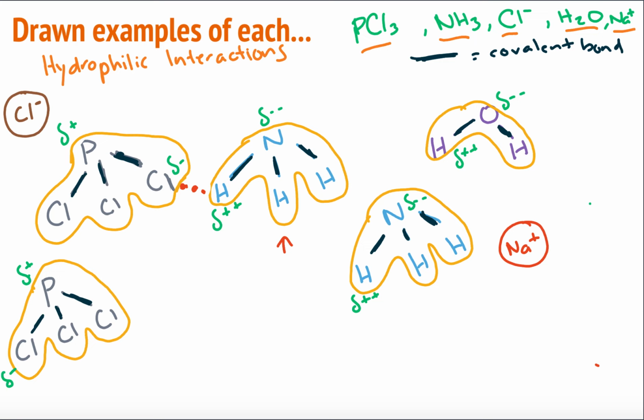This interaction between the charged end of this chlorine and this phosphorus is also considered a polar-polar interaction, which would make it a hydrophilic interaction, another charged interaction. And even this interaction between the positive end of the phosphorus connecting to a chlorine ion is also considered a hydrophilic interaction, though it is considered polar ionic. It's still two charged ends interacting with one another.